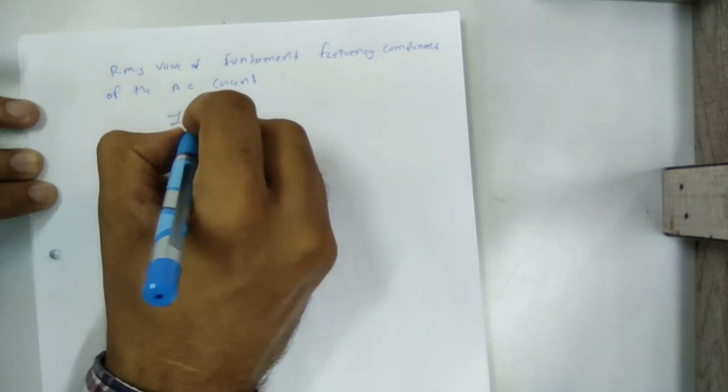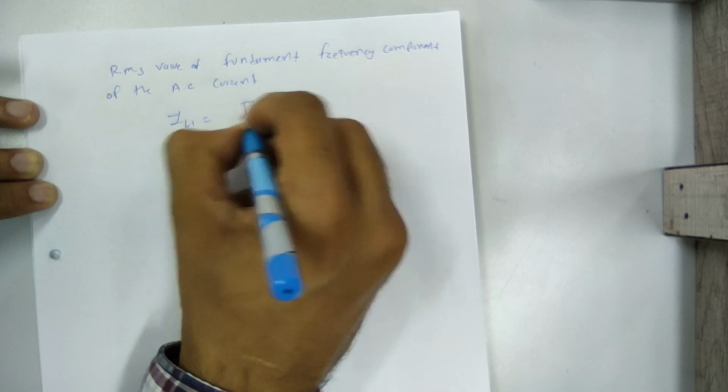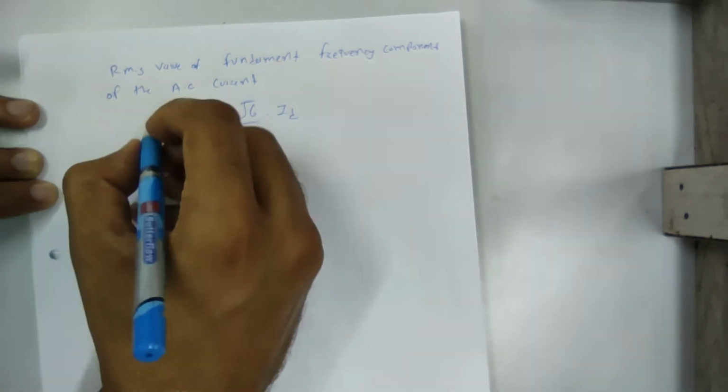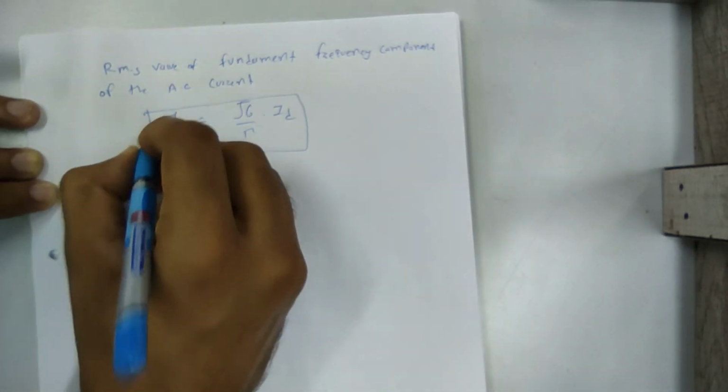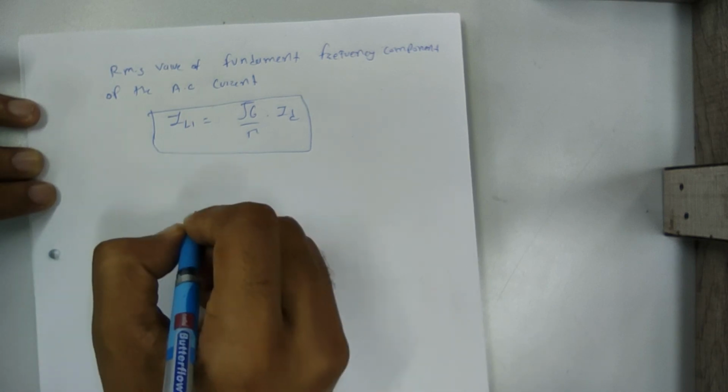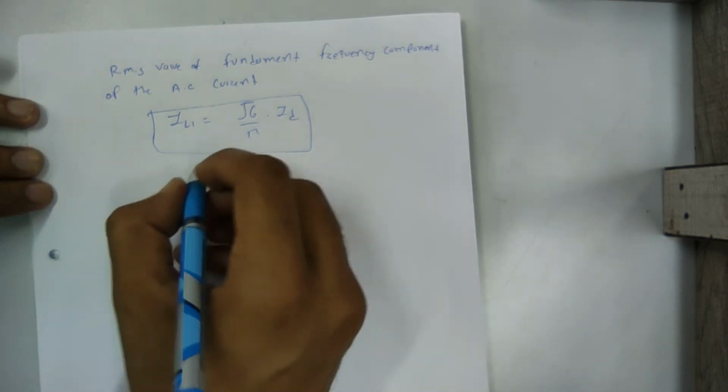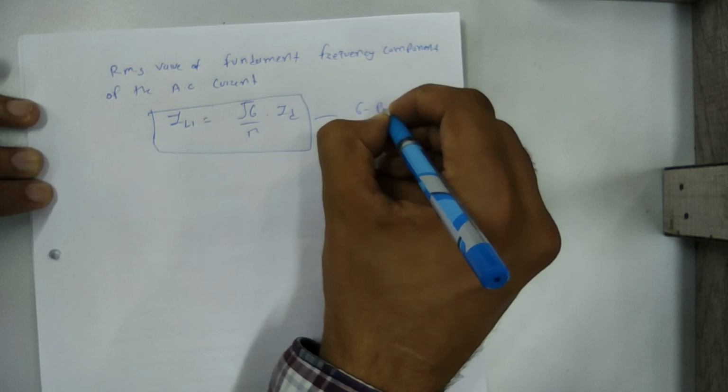So IL1 is equal to root 6 by pi into ID. That equation we derived in one of the last lectures. Clear? So this is the equation for a 6 pulse converter.